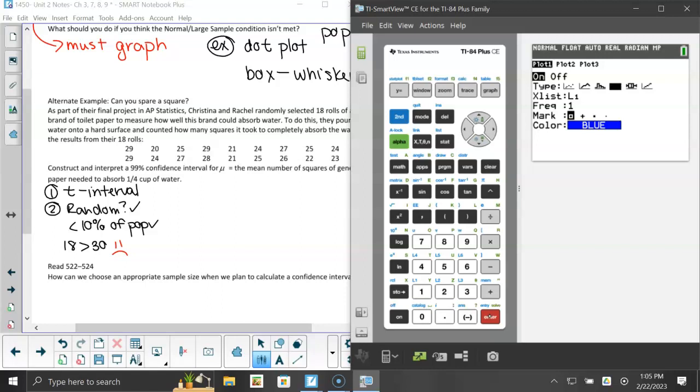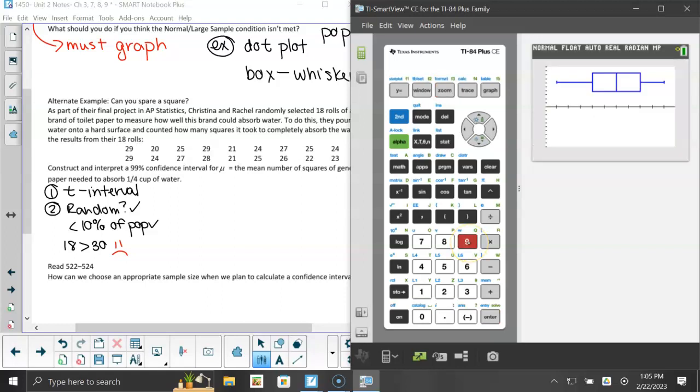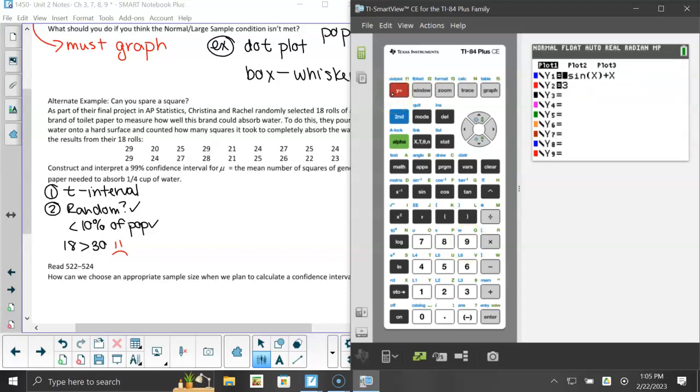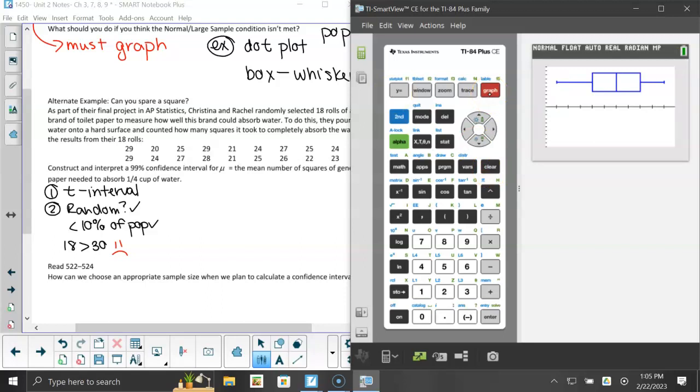Because I'm trying to assess normality, I would like you to tell me if there are any outliers. Remember to change your window; I think it's zoom stat, which is number 9. Hang on, I gotta turn off the other stuff in the y equals, sorry.